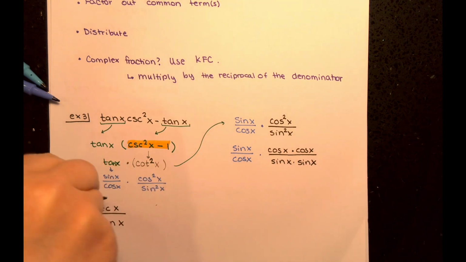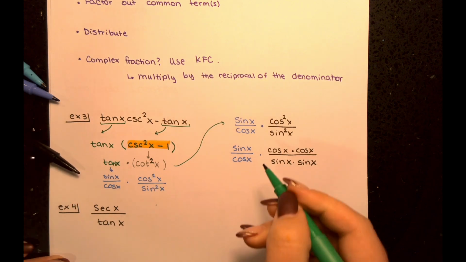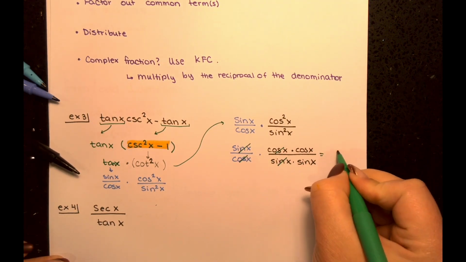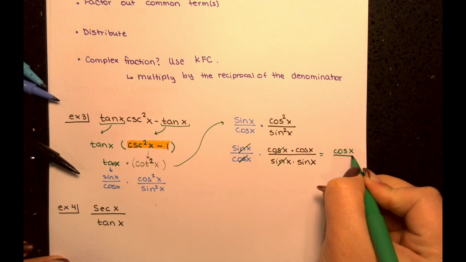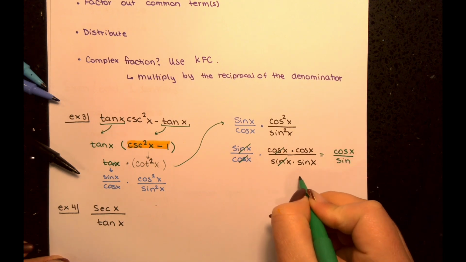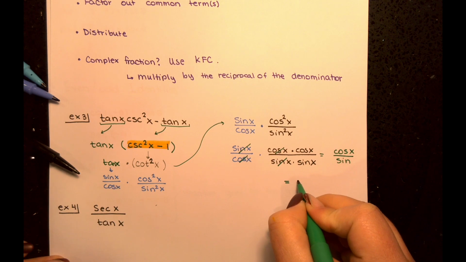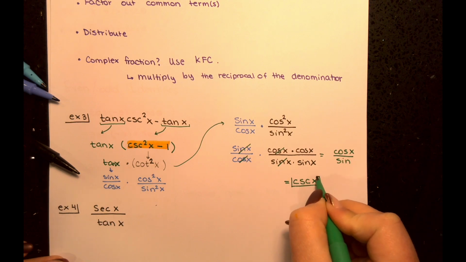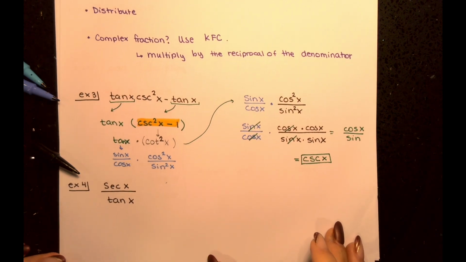Now I am rewriting this to help you see that you can divide sine and you can divide cosine. You're still left with cosine of x over sine of x, which is still cotangent, but this time it is singular and not squared. So cotangent of x is your simplified answer.